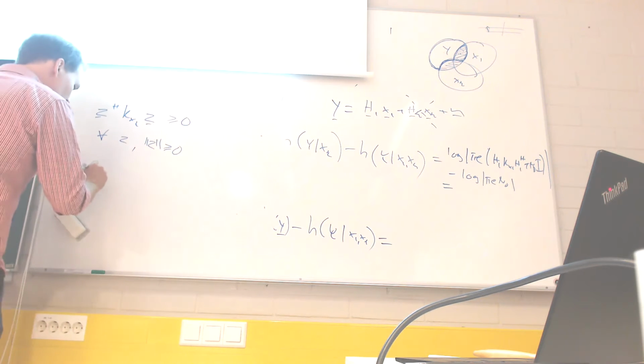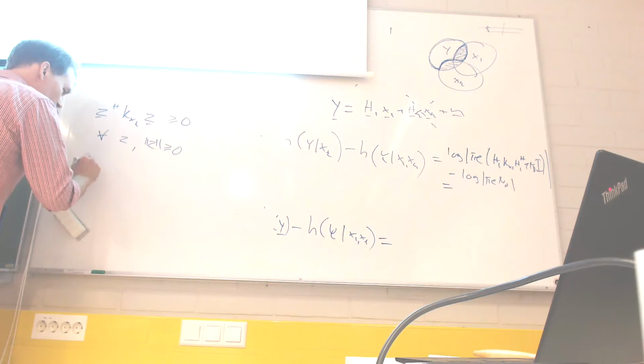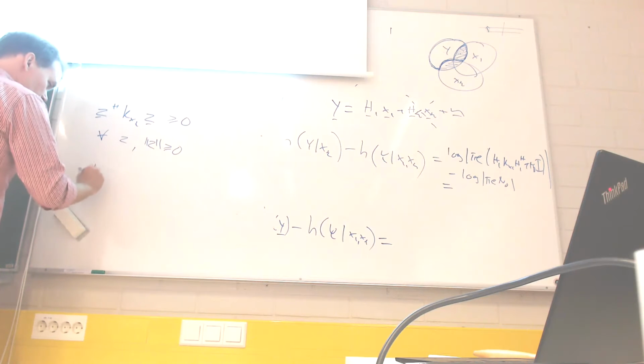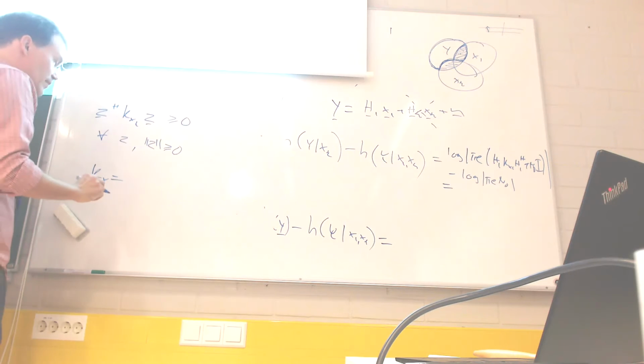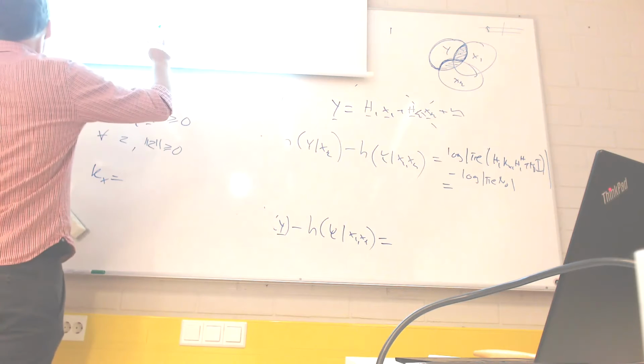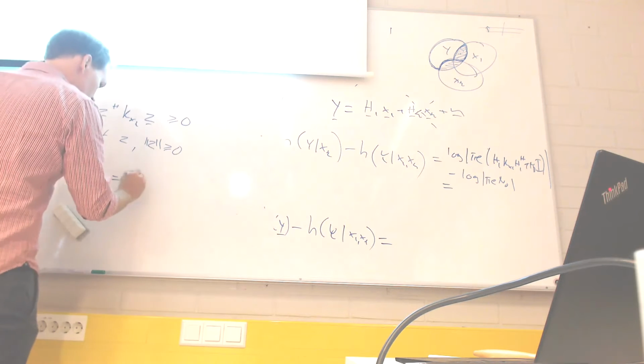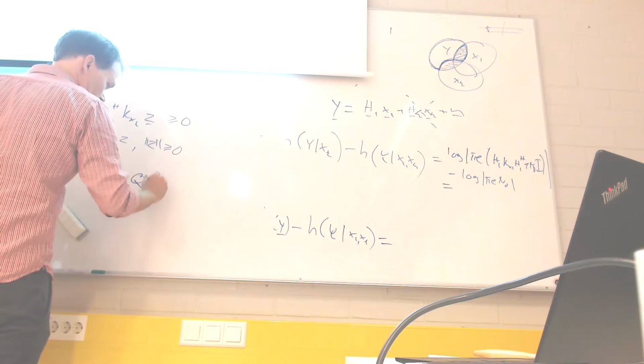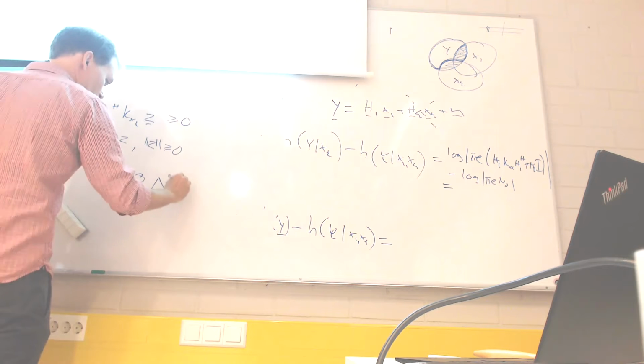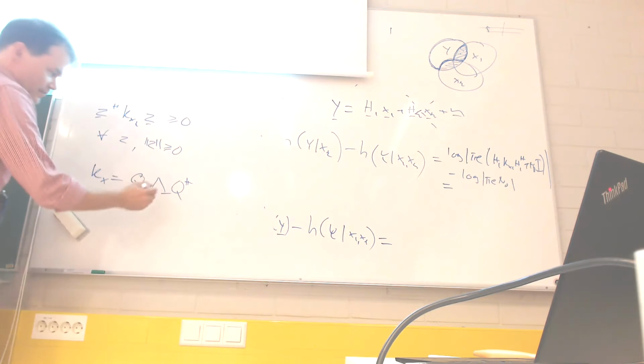Another way is to take the eigenvalue decomposition of Kx, let's say Q Lambda Q Hermitian.